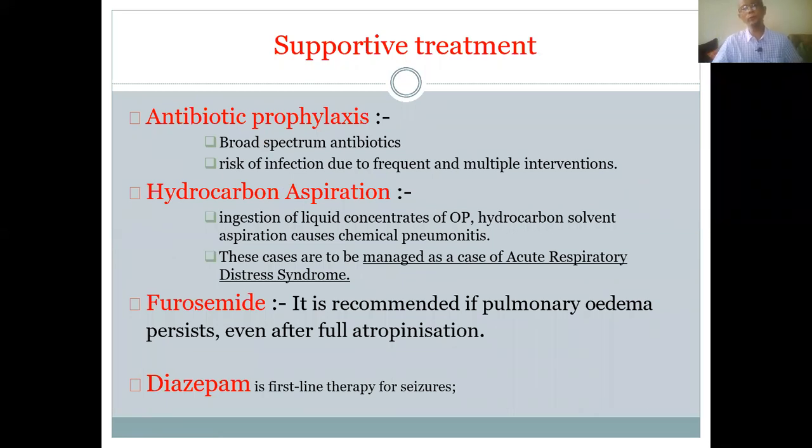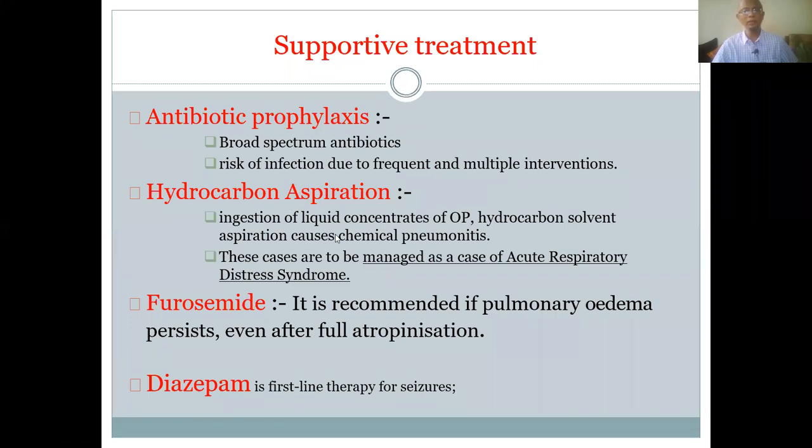Now coming to supportive therapy like antibiotic prophylaxis. If there are features of infection, then you can give broad spectrum antibiotics. There are risks of infection due to frequent and multiple interventions, and even iatrogenic infection can occur.